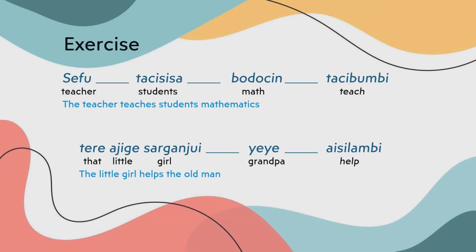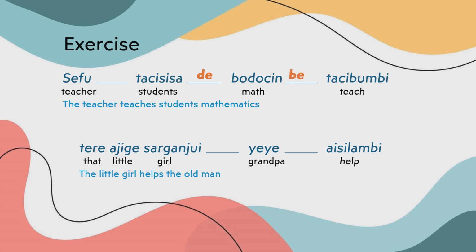Here I have two sentences, and I want you to fill the blanks with any case marks you have learned till now. You might need to pause for a while, and I will go ahead. So the answer is: here we have a de. We need a be in the third blank.